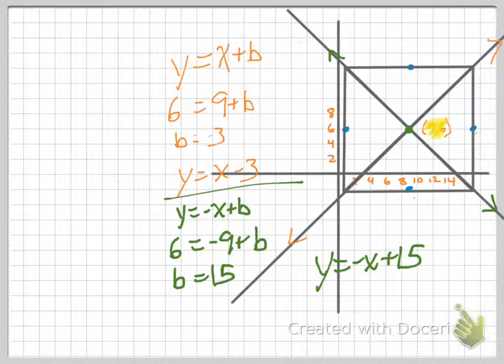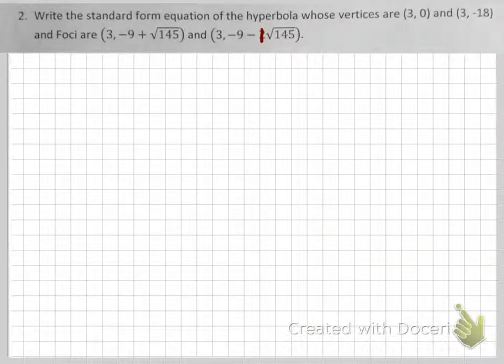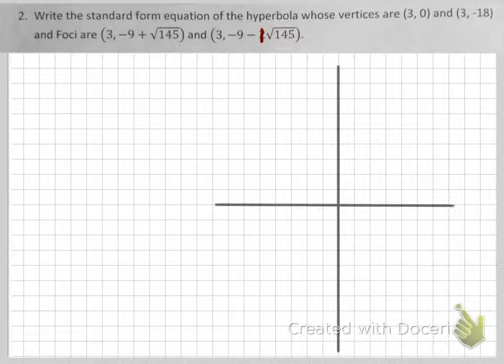Let's look at number two. Okay, number two says write the standard form equation of the hyperbola whose vertices are 3, 0, and 3, negative 18. And that gives us our focus points. Okay, right away I need a graph for this one. So we can go ahead and graph our vertices and our focus points.